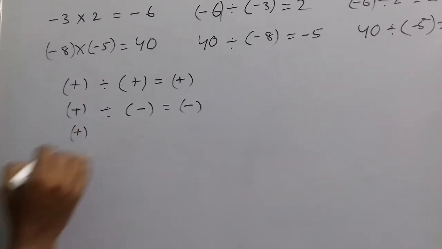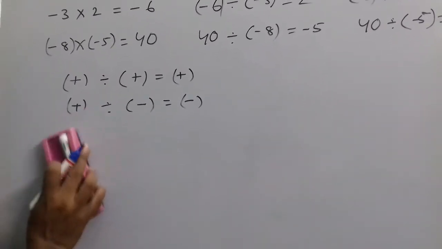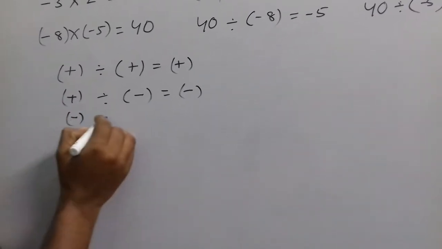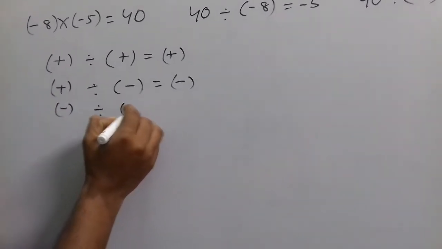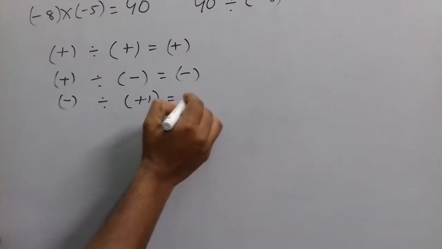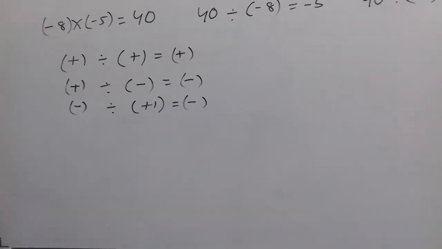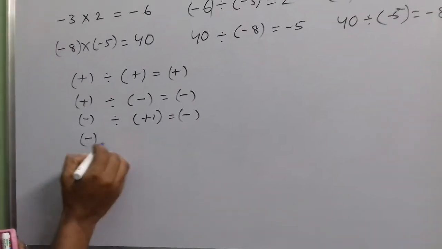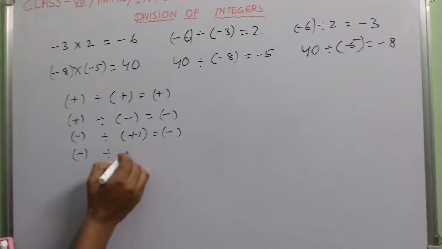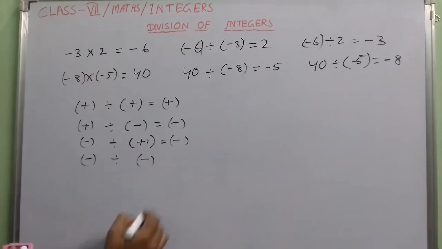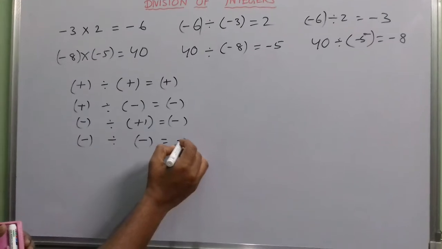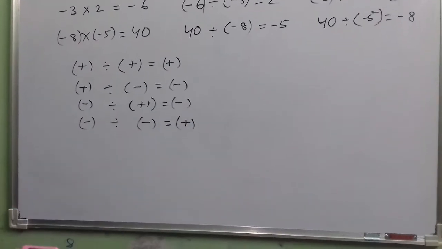If we divide a negative integer by any positive integer, again we get a negative integer, and a negative integer divided by a negative integer gives you a positive integer. Okay.